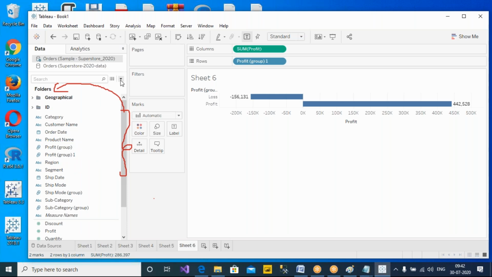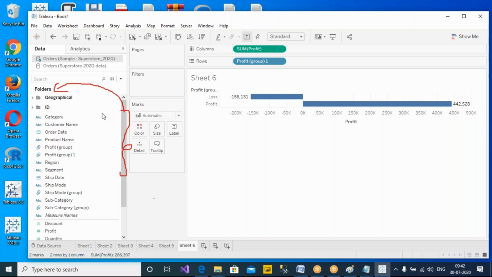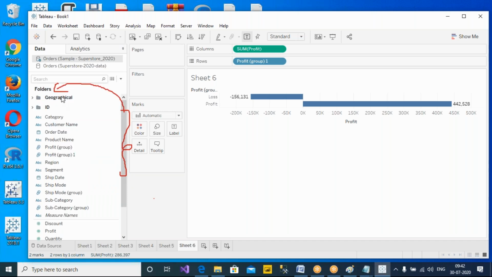So it's not deleting them, we are just hiding them. Group by data source table shows the original one, when you connect it, the fields available. This is a table view and that is a folder view. But this grouping is different, which gets the paper clip icon.